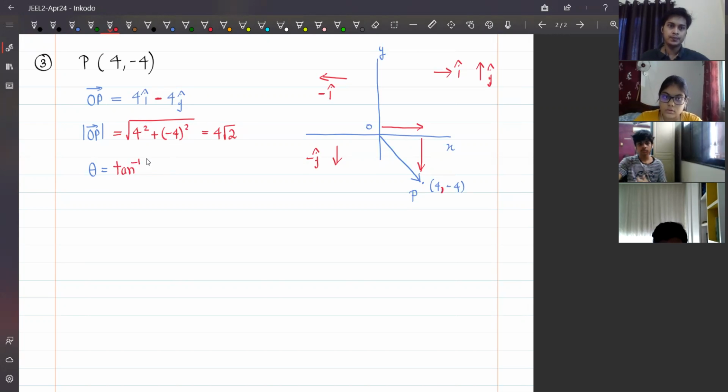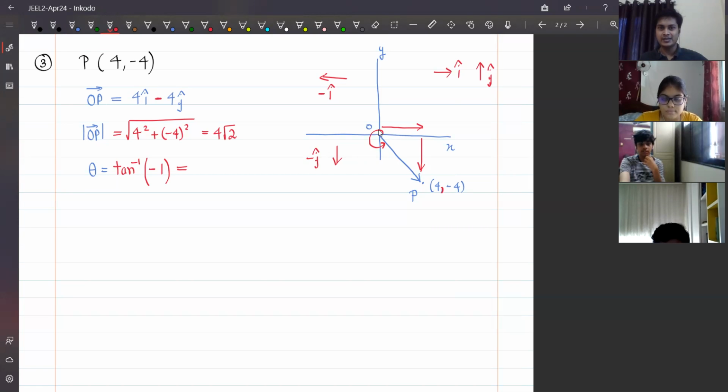Minus 1. So tan theta is negative either in the second quadrant or in the fourth quadrant. But we know this is in the fourth quadrant. So what angle should I write? Which angle is this from the x-axis? 300? Tan theta is 1 for theta equal to 45 degrees.